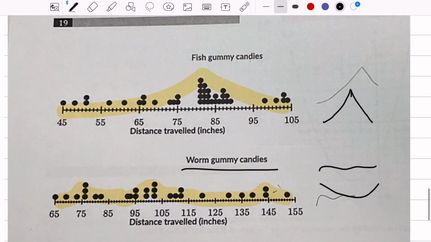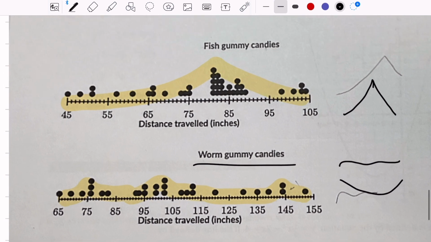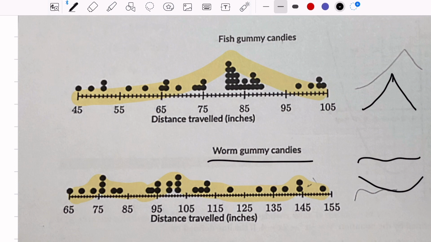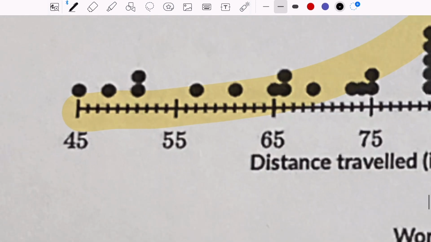For this graph, it's complicated to compare the means just by looking at it, so I think you have to use the calculator. Before using the calculator, let's label the graph.